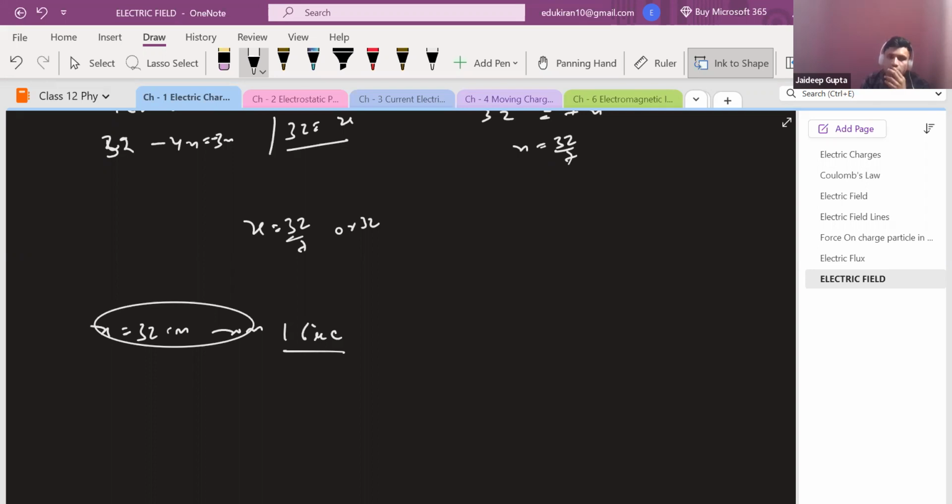E vector equals 1 by 4 pi epsilon naught q by r. If I increase the distance, will the electric field increase or decrease? It will increase.